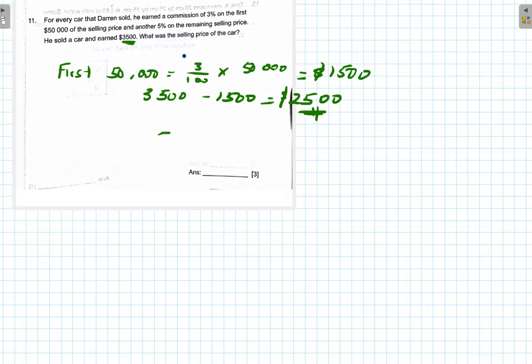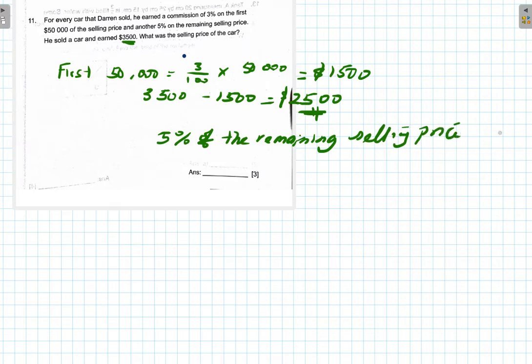So it's actually 5% of the remaining selling price. Correct? It's actually equal to 2,500. So 5% over 100 times, you don't know what the remaining is, so I say remaining selling price, equals to 2,500.